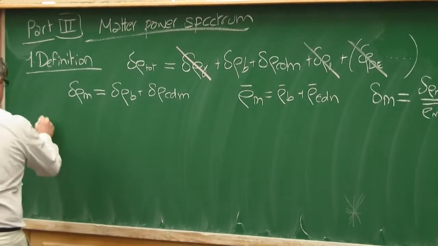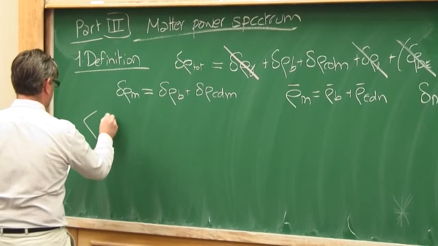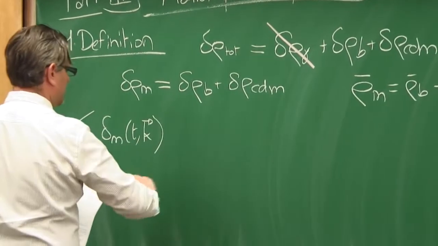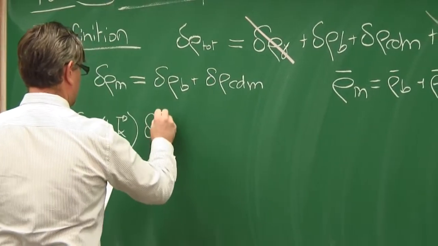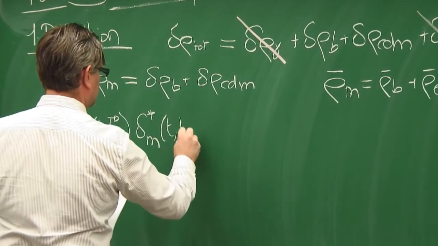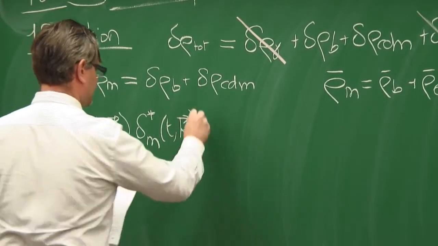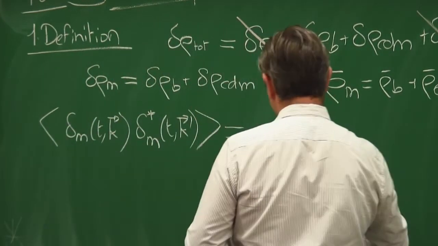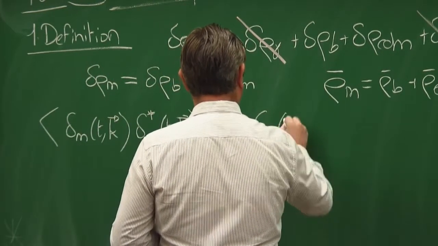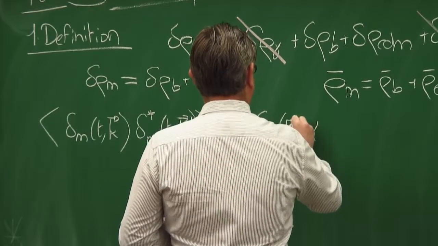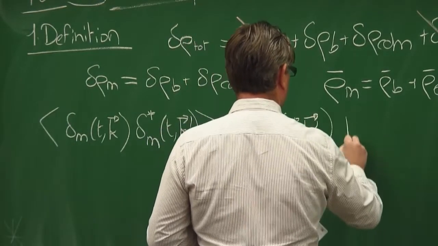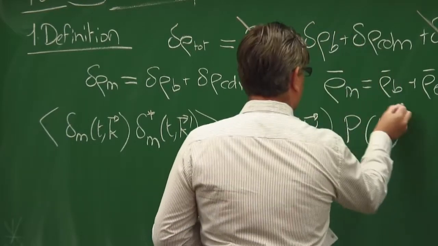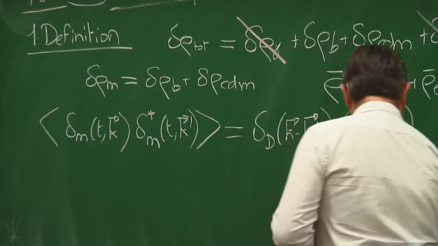Okay, so we are interested in the two-point correlation function of this quantity in Fourier space that we call the matter power spectrum, and that we defined already in the second course. And for the same reason, we know that this is given by a Dirac function times the quantity that we call the matter power spectrum. And this is exactly the quantity we are interested in, P of k.